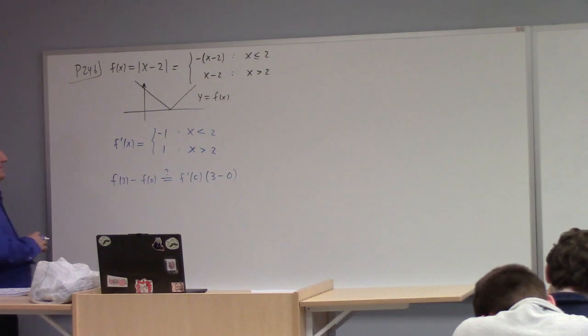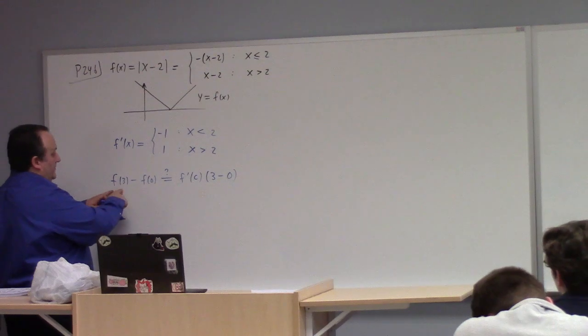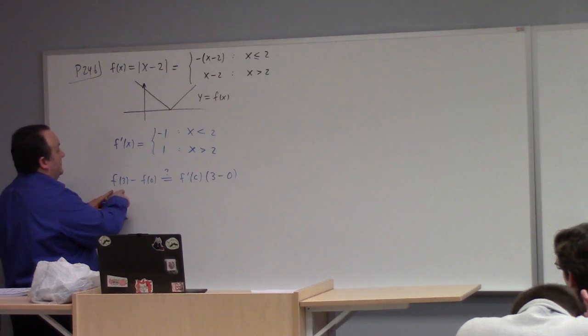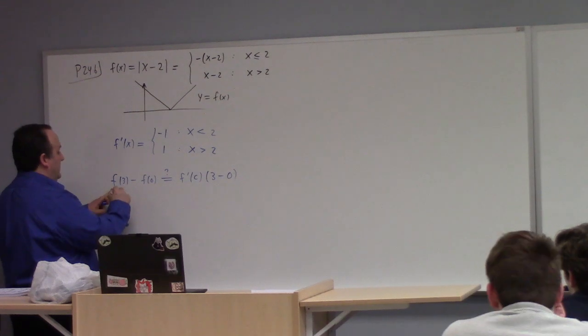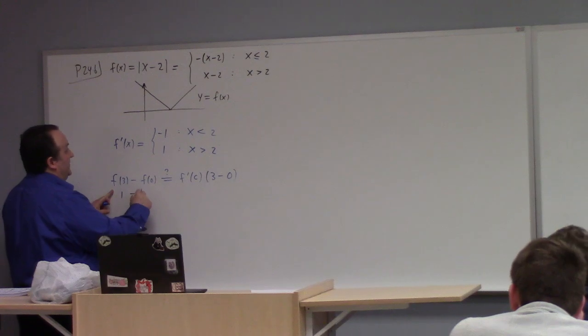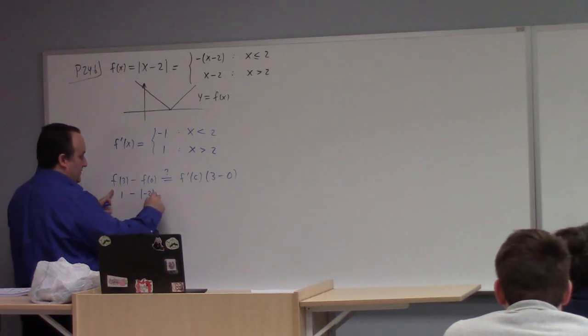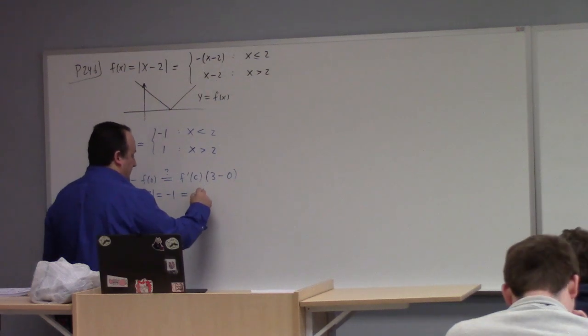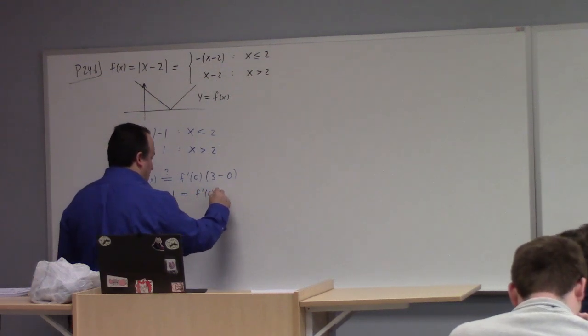But what is f of 3 and what is f of 0? f of 3 is 1. f of 0 is the absolute value of minus 2, which is 2. So we've got minus 1 is equal to f prime of c times 3.